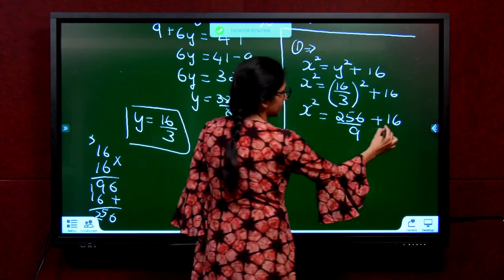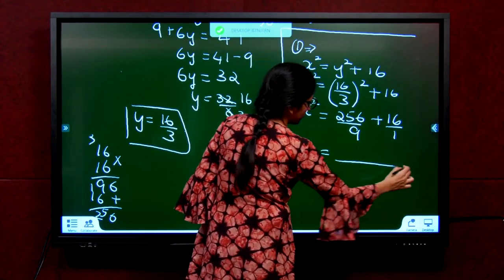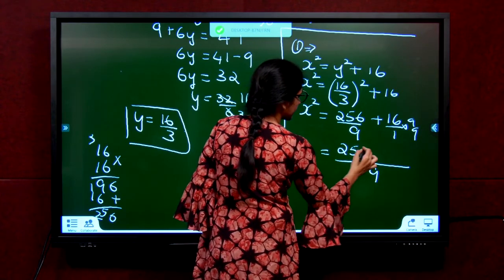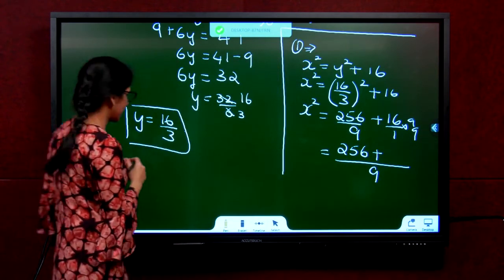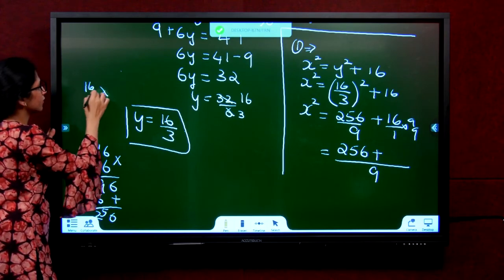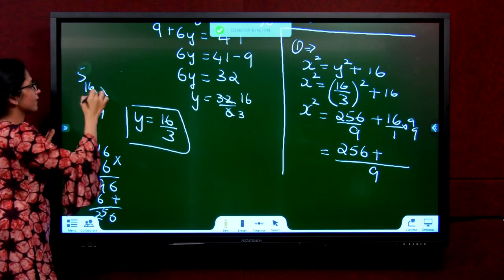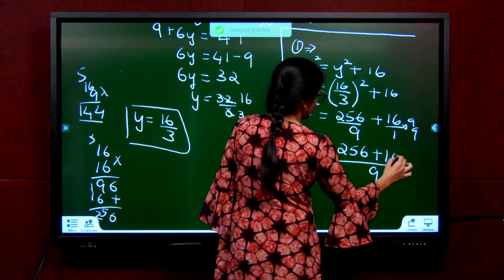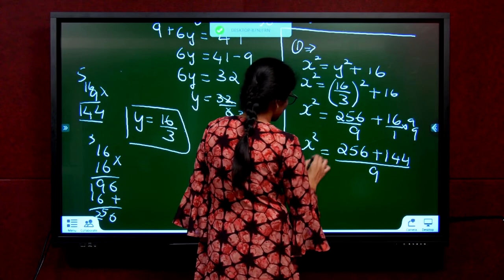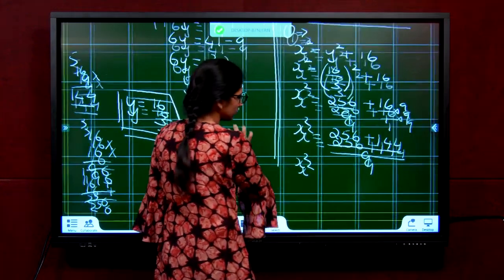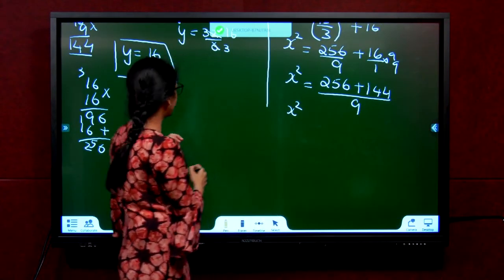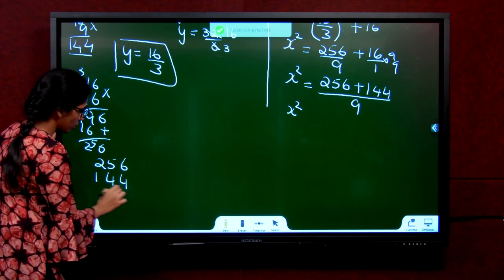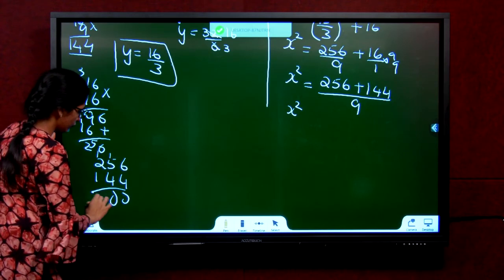LCM is 9. So multiply and divide with 9. So 256 plus 16 times 9, which is 144. This is X square. Continuing, 256 plus 144 is 400.